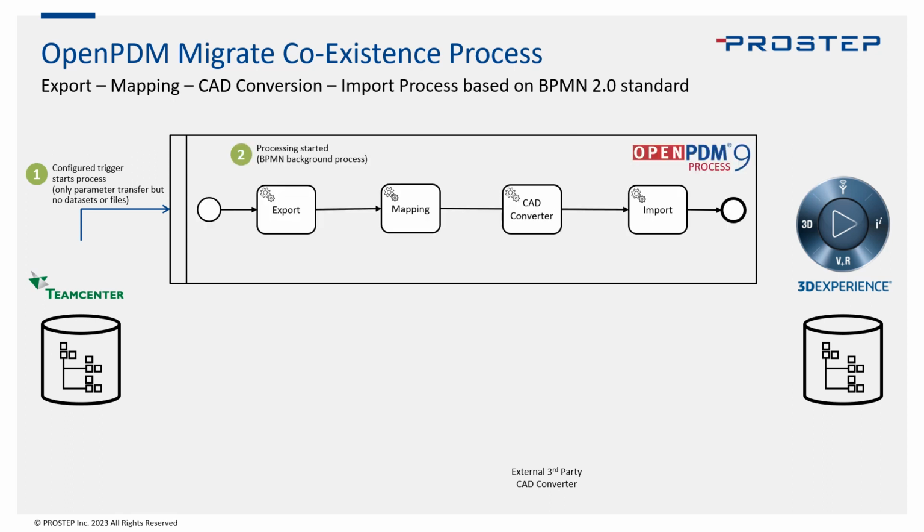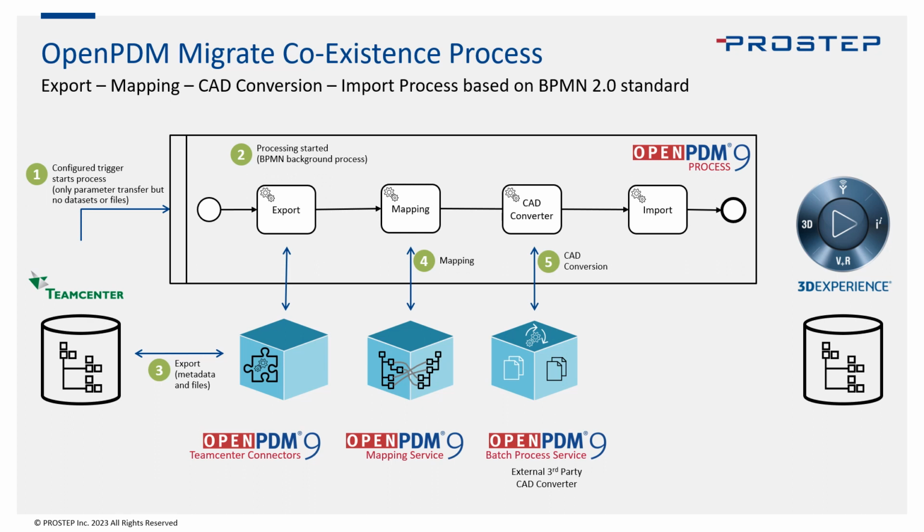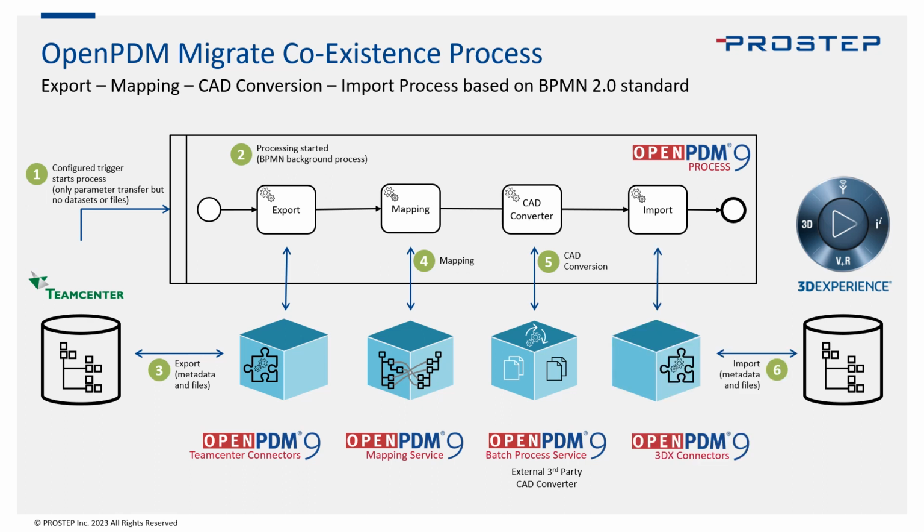Behind the scenes, you would start that in the background in the OpenPDM process server, use the OpenPDM connectors to export the data or the CAD with a controller, the mapping service to map it, the batch process service to do translation if you need some conversion, and then import the data to the other system with your OpenPDM connector.